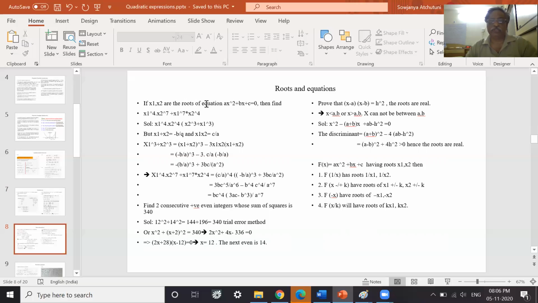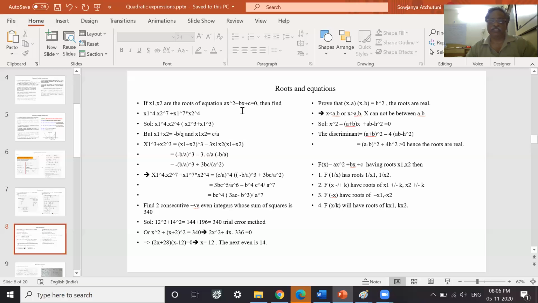If x1, x2 are the roots of this equation, find this value: x1 to the power of 4 x2 to the power of 7 plus x1 to the power of 7 x2 to the power of 4. So x1 to the power of 4 and x2 to the power of 4 are common, leaving x1 cubed plus x2 cubed. I know a cubed plus b cubed is equal to a plus b whole cubed minus 3ab into a plus b.